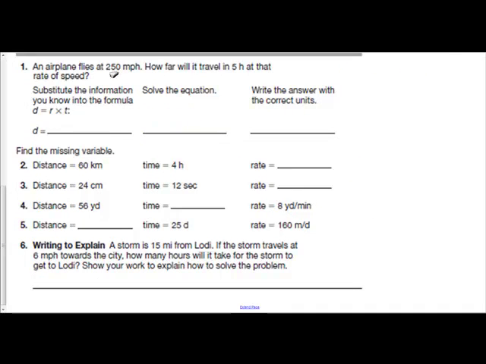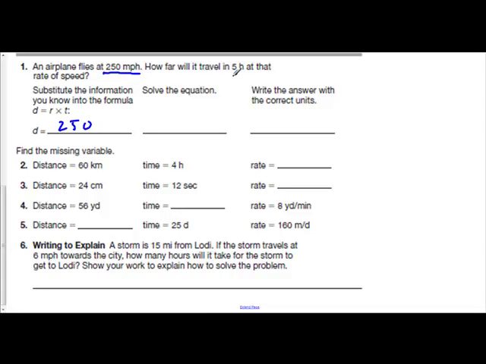An airplane flies at 250 miles per hour. How far will it travel in 5 hours at that rate of speed? So do we know how fast? Yes, 250 miles per hour. So this is the distance equals rate times time. So the rate is 250. And do we know the time?